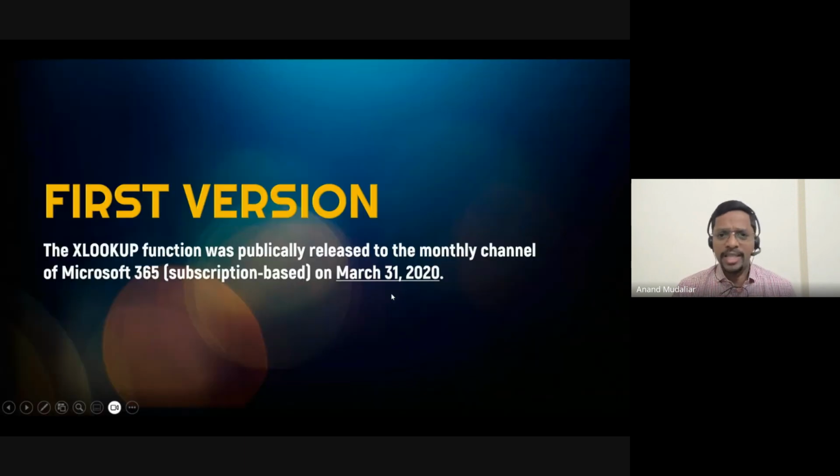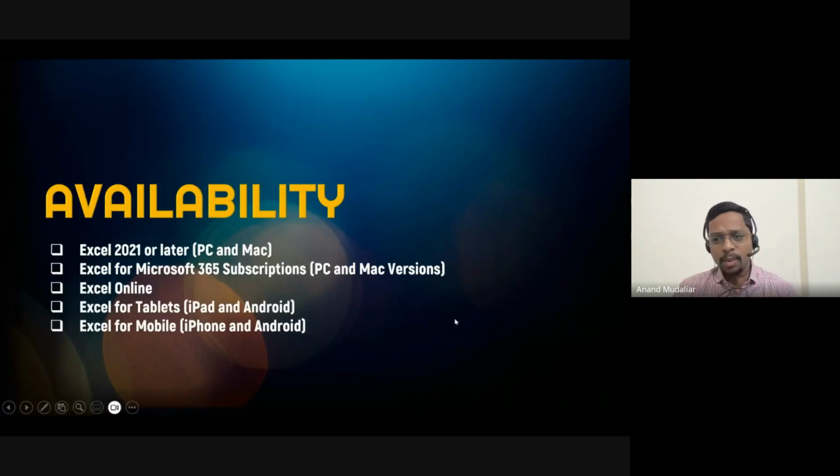Okay. So the first time it was introduced in Microsoft 365 Office, that is Office 365, on March 31, 2020, I think during COVID only. Now it is available in 2021, not in the older versions. So friends, don't get surprised if you check your office laptop or personal laptop and you're not able to see the function.